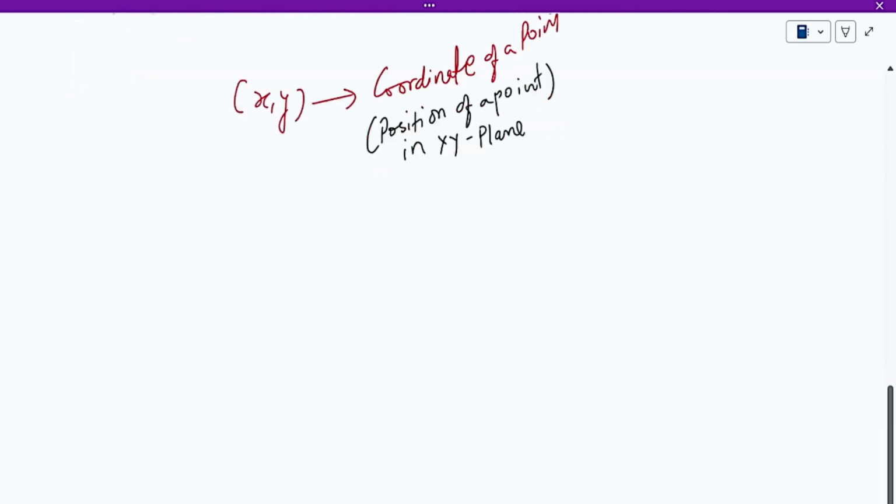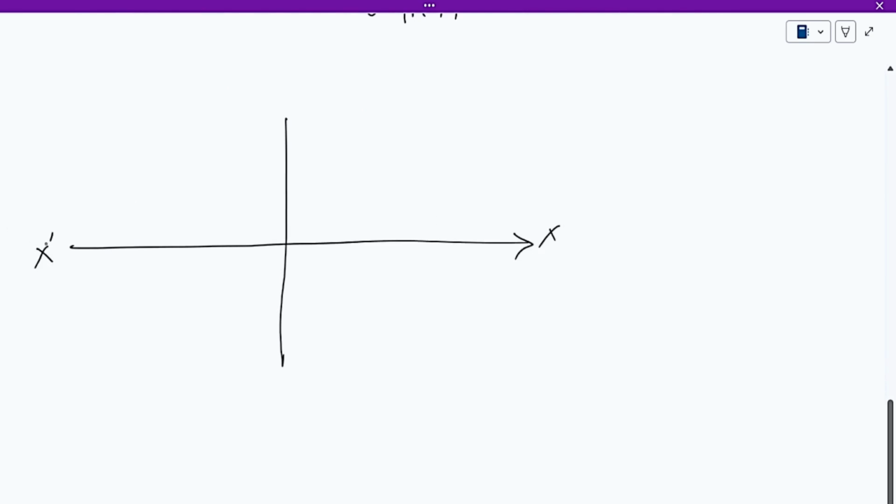Now over here we have to understand a few things. This is the x-axis, this is x dash, this is y and this is y dash, and this is the point of intersection, which is the origin. Now if we are moving to the right on the number line, it will give us positive 1, 2, 3, 4, 5.